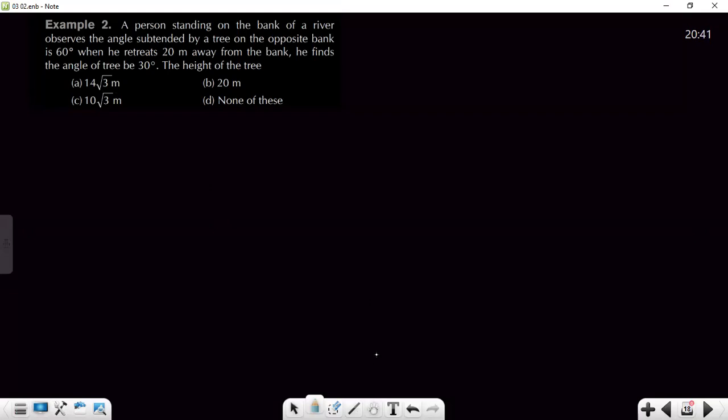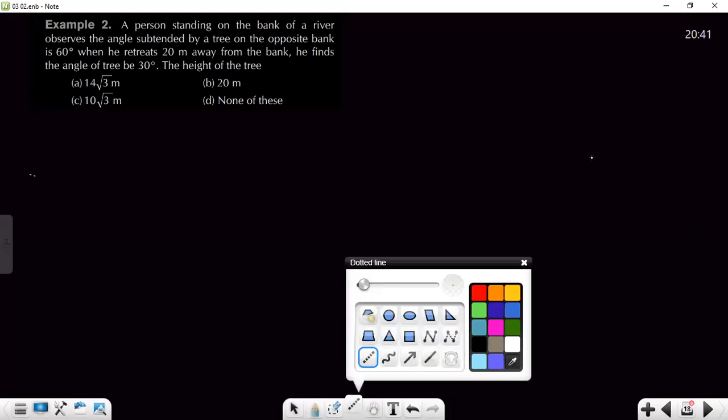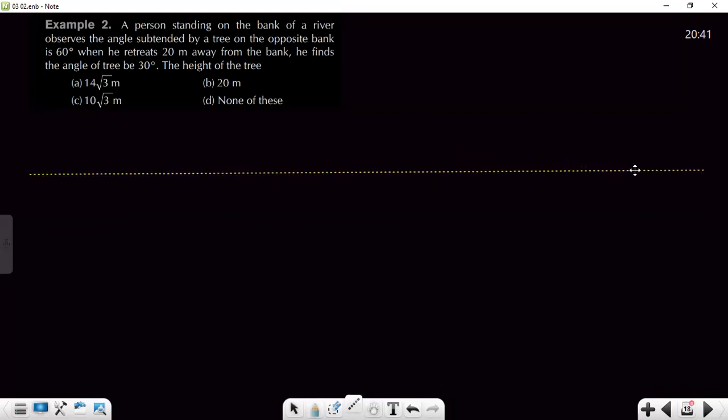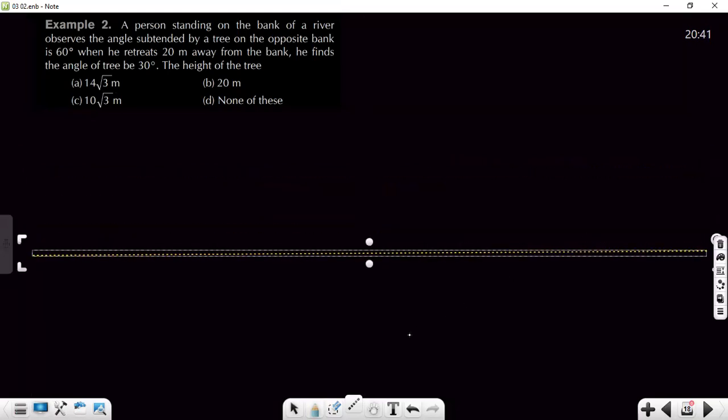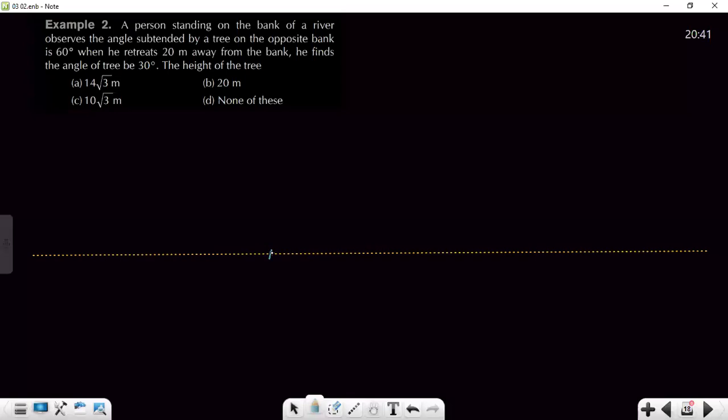Okay, first let's draw the ground. This is the ground, and this is the river in between, and these 2 points are its banks. This is point A, this is point B.